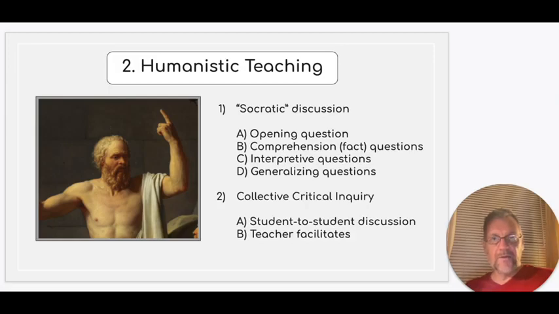Finally, to end a discussion, we turn to what I am calling here a generalizing question. This kind of question relates the discussion of the text to the students' own lives. For example, asking whether students themselves have ever rebelled or felt like rebelling against authority in any way, like Sun Wukong. Alternatively, you can use a generalizing question to relate a text to a current issue or figure of interest.